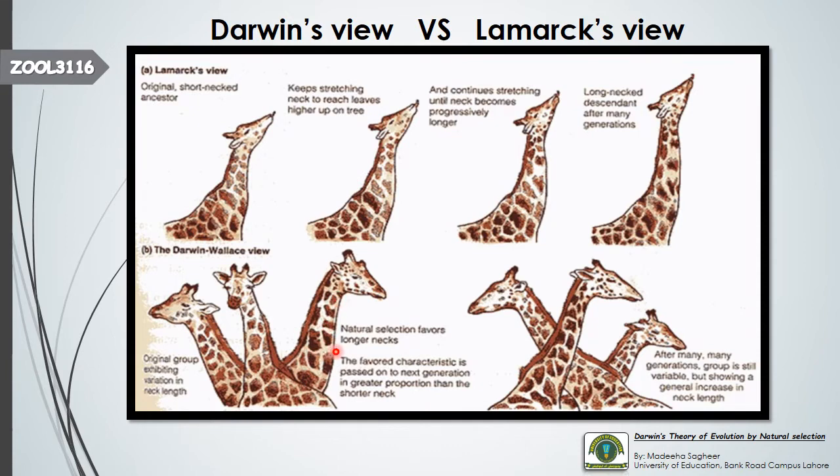So when there would be the scarcity of grass or food on the ground, nature selects or favors the longer necked giraffes, right? So these giraffes reproduce more and more, and after many generations, there is still variability in the population, but the giraffes with the long necks are much more in number in the population, and only few giraffes with the short neck remain. Why? Because nature favors this trait, the long neck trait of the giraffe.